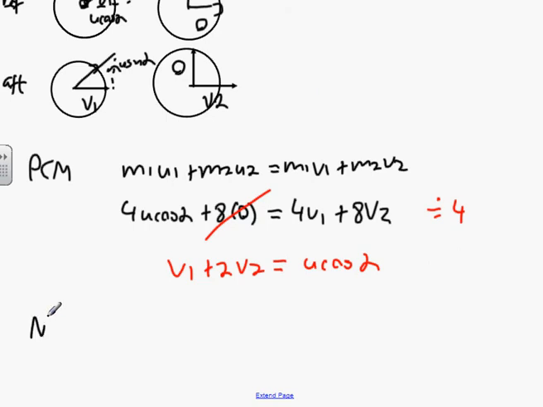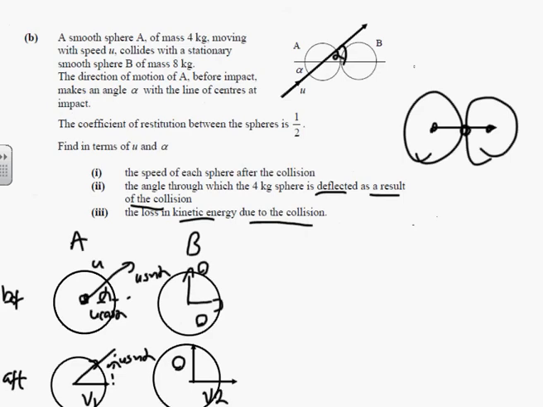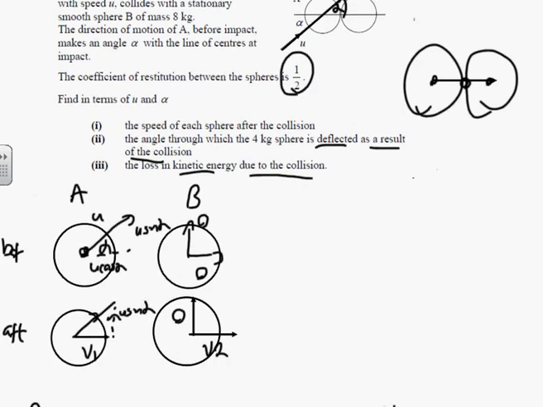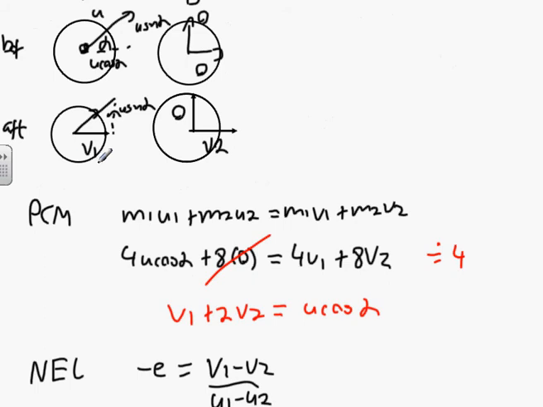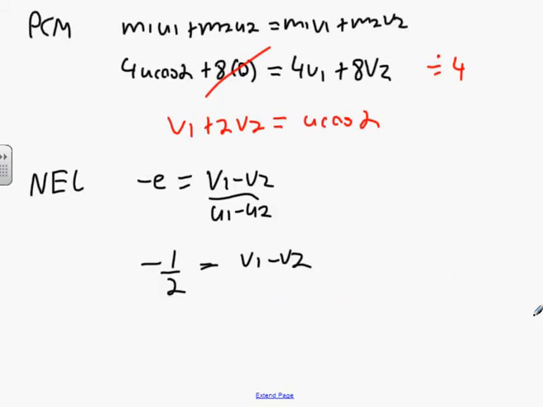All right, NEL, Newton's experimental law. Anybody remember? Minus e equals v1 minus v2 all over u1 minus u2. Do we know the e value? The e value is a half. So minus a half equals phi 1 minus phi 2, because we don't know what phi 1 and phi 2 are yet, over u1 minus u2. u1 is u cos alpha minus 0.